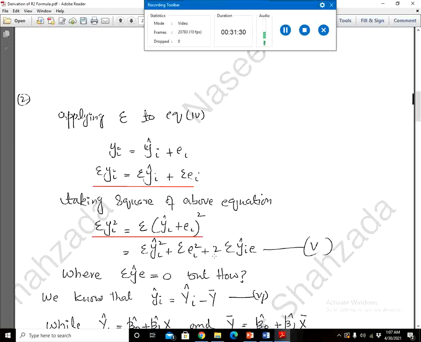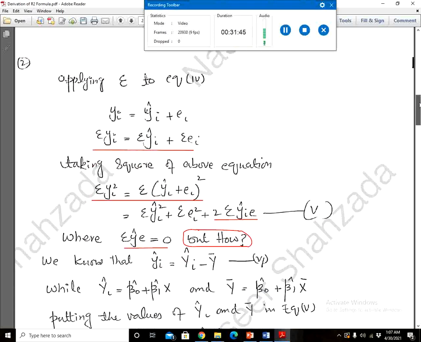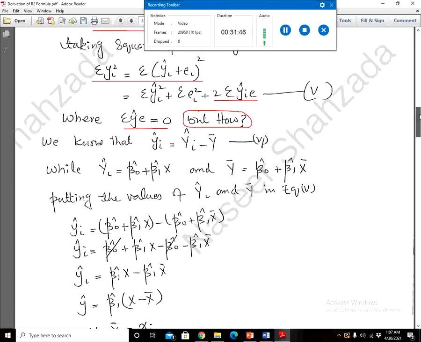Here this component becomes 0, as we know that summation yi cap ei is equal to 0. But how does it become 0? Now we will prove this in this lecture, how summation yi cap ei is equal to 0.